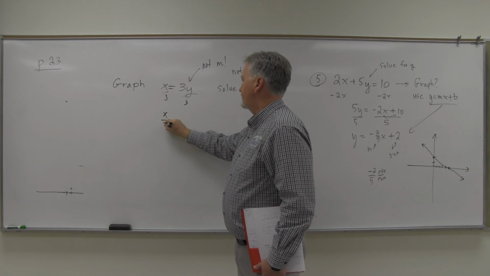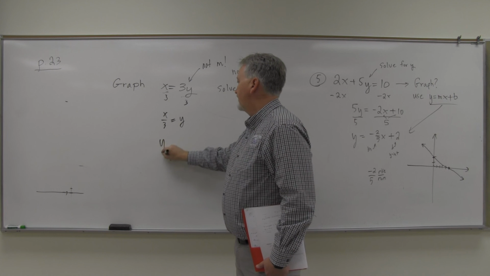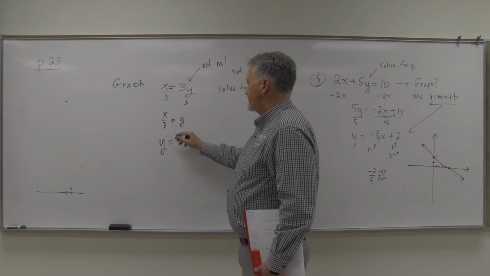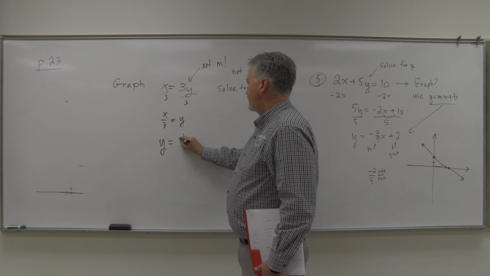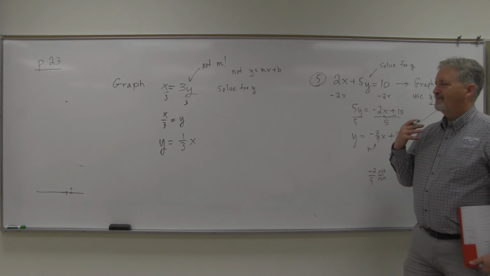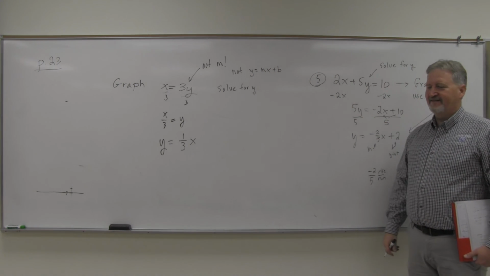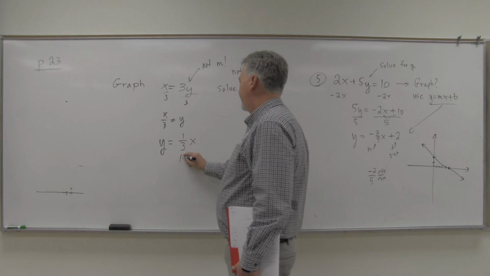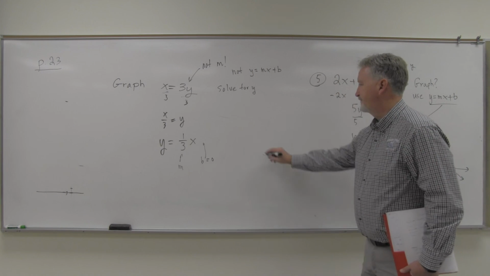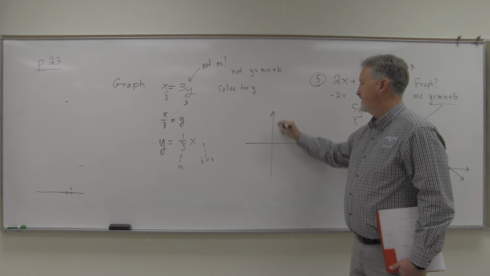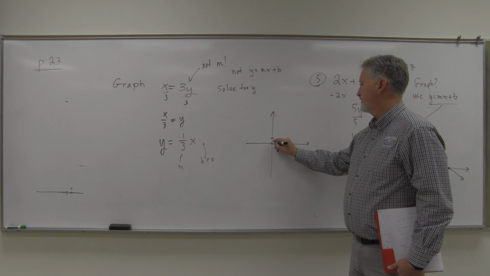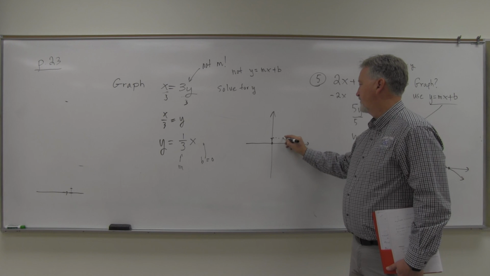So we have x over 3 equals y, or put it in better format, y equals x over 3, but even x over 3, that's 1/3 times x would be the best way to think of it, wouldn't it? So my m is 1/3, my b, well, there isn't a b, so that's b equals 0. So anyway, is that okay? B equals 0, slope is 1/3, so that's rise 1, run 3. Right over the 3.